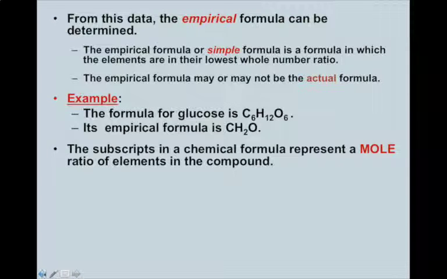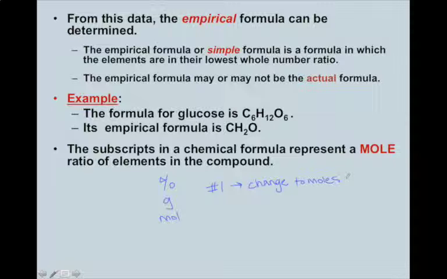The subscripts represent a mole ratio. This is why we spent so much time learning moles. No matter if I give you percentages, grams or moles, step number 1, change the data to moles.